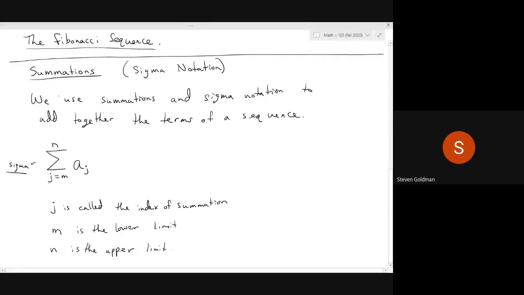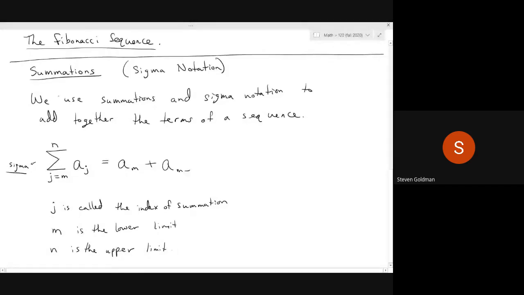Now, what does this mean? If we've got some sequence, a sub n, this thing is telling us to add up certain terms of that sequence. Which terms? Well, it says start by plugging in the lower number m for j. So if I plug in m for j, I get a sub m. Then add to that the next term of the sequence. What would the next term of my sequence be?